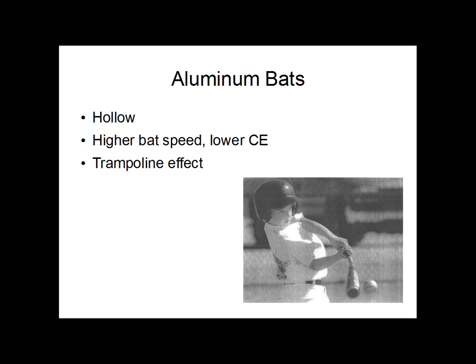Their moment of inertia is also altered, so it allows for a higher bat speed because it has a lower CE. It also has the trampoline effect, which allows the bat to bend somewhat backwards when you take the swing and then fling forward when you hit the ball. Even a small kid like this is able to make the bat flex a significant amount, and that leads to a very efficient swing and a very efficient transfer of energy.